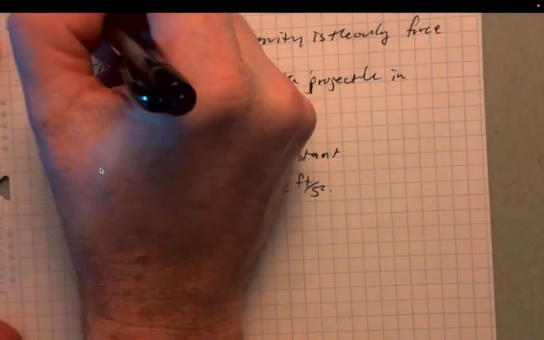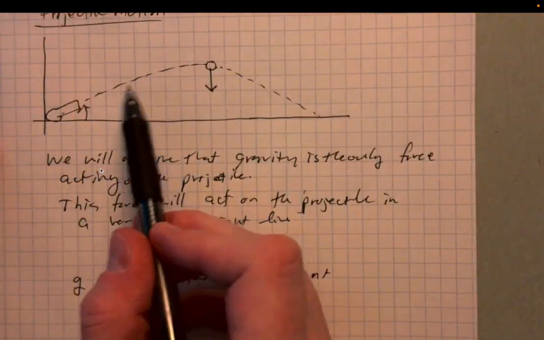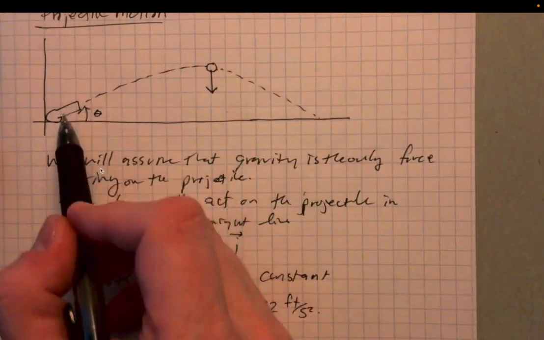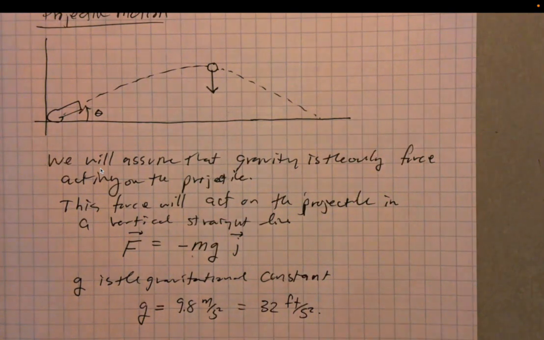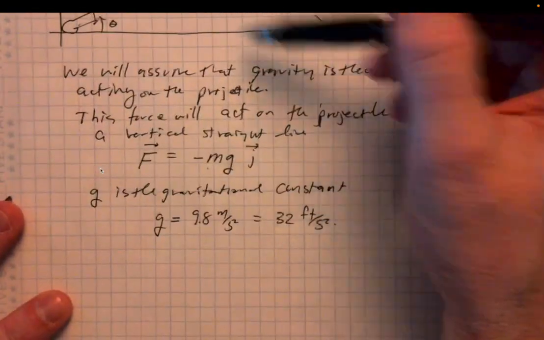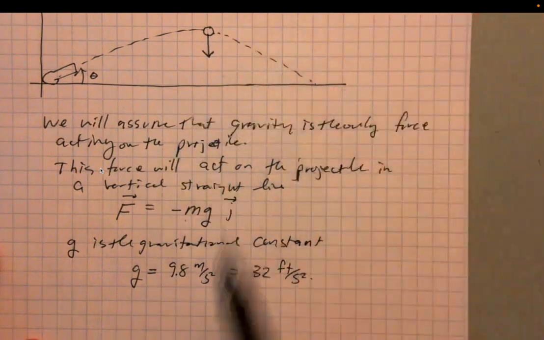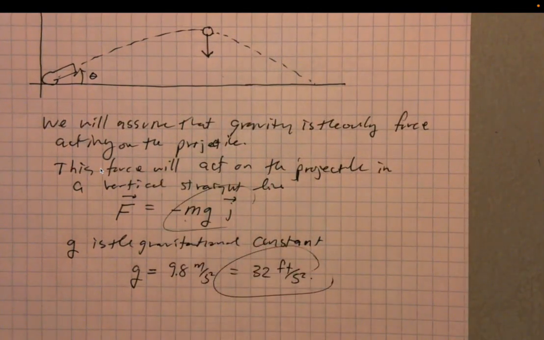Okay, and so how far it travels is going to be jointly dependent upon the velocity at which it leaves the cannon, and also the angle at which it is fired relative to the ground. The force due to gravity would be this constant quantity here.